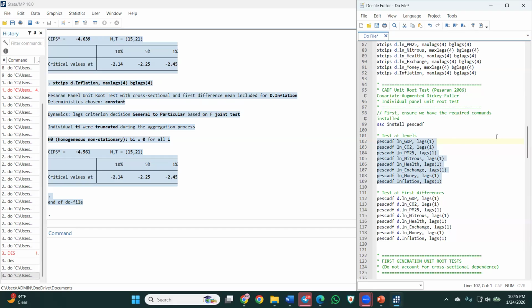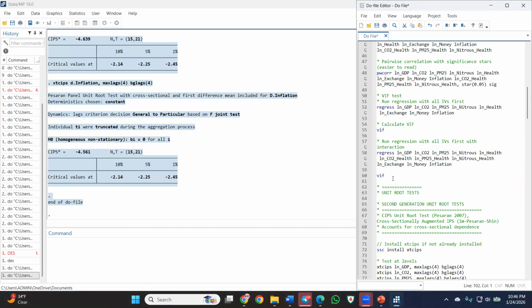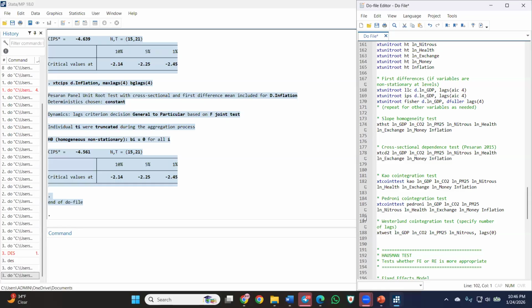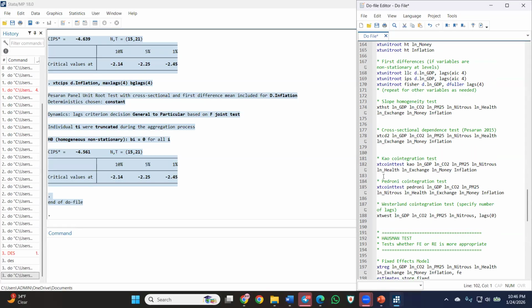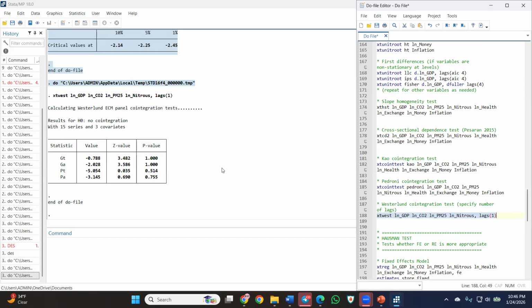Mostly this lag is influenced by your period of analysis. You see that when I was running the Westerlund, when I used 1, I think, where's the Westerlund? Yes. When I used 3, it says that my period is not enough because the lag means that the data will go back. So you have to make sure your period is enough to run that.